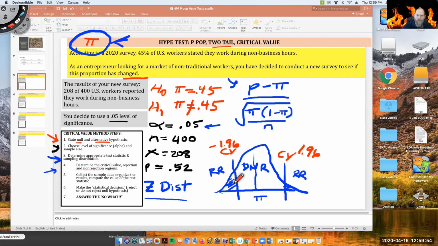I've determined the rejection region and the non-rejection region, okay? And you're probably going, okay, so what's the value that I'm looking at? Well, we're getting to that. But that right there, this diagram is step number 4.